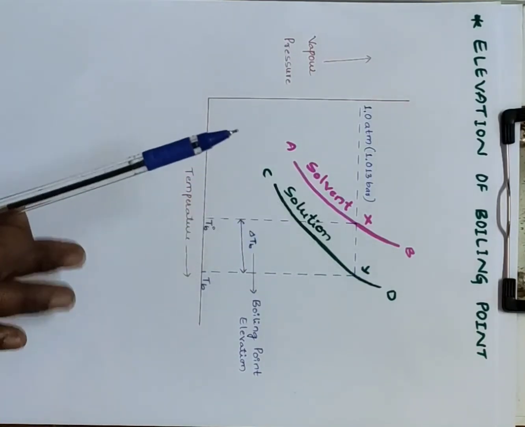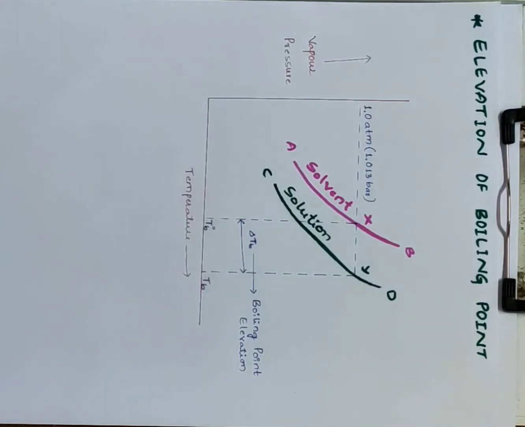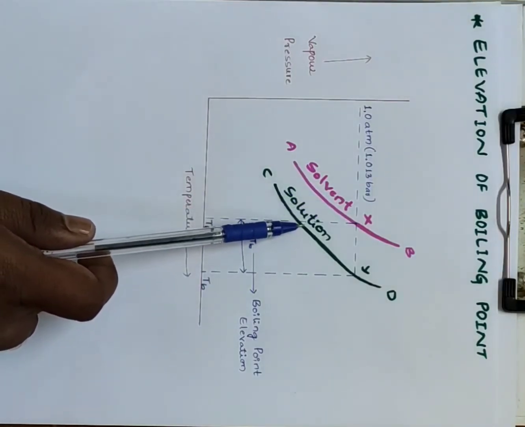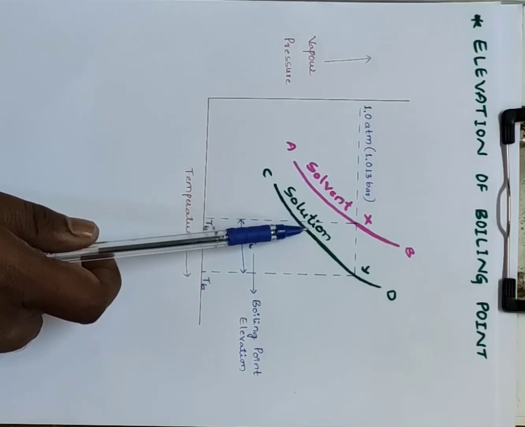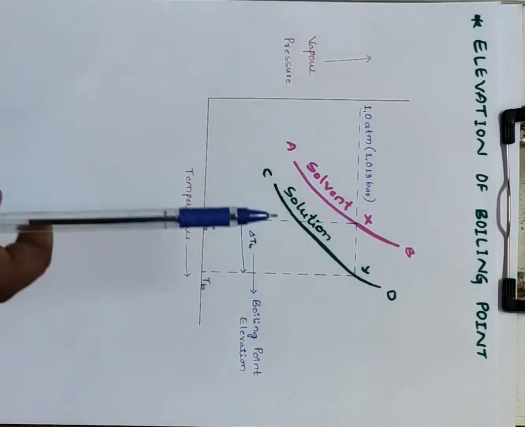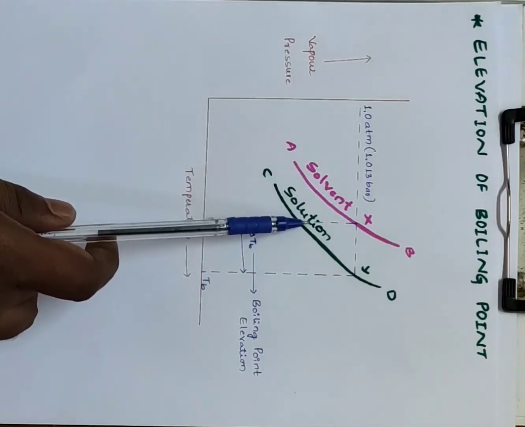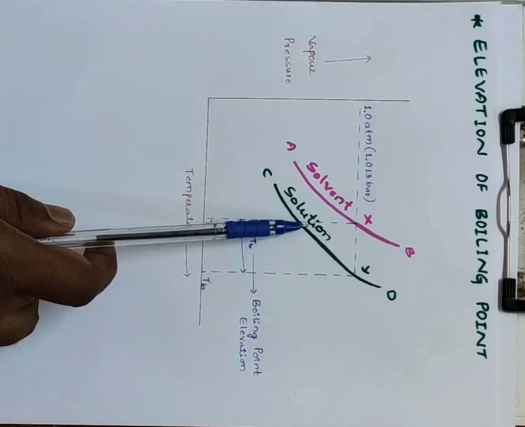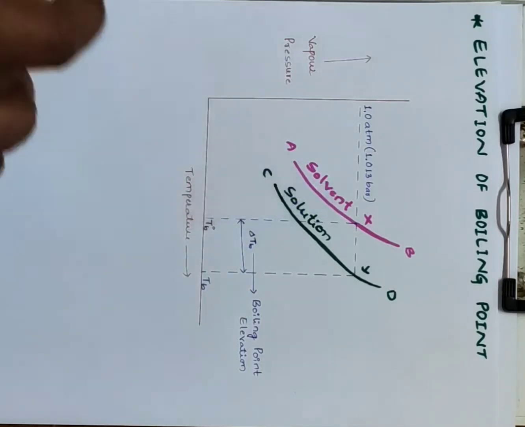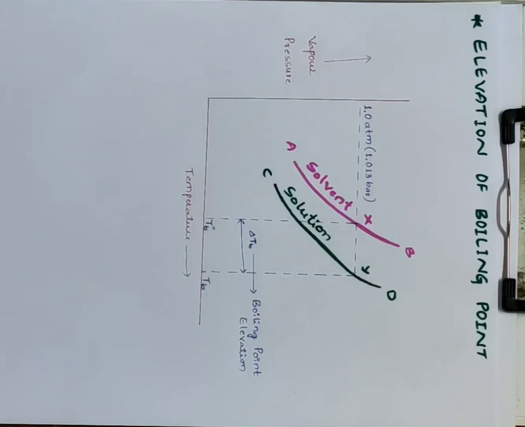So this diagram depicts the variation of vapor pressure of pure solvent and that of the solution of a non-volatile solute dissolved in it as a function of temperature. So here this solution consists of a non-volatile solute and the solvent. So this is the vapor pressure of pure solvent.